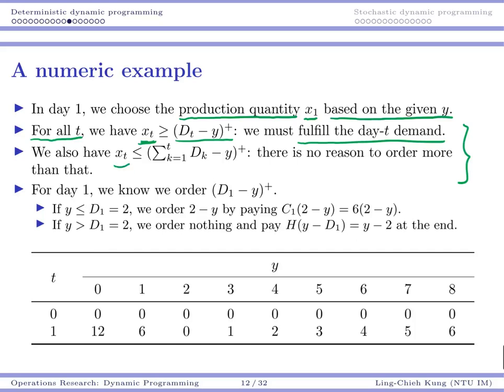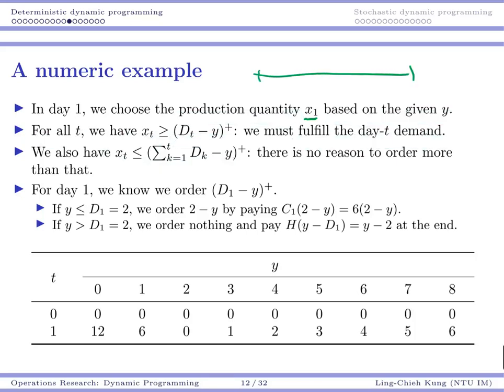And also, I know x_t has an upper bound. That upper bound is the total amount of today and the future demands that I cannot fulfill with my initial inventory. Okay, so for example, we all know that in total we have 4 periods, right? And the demands are 3, 2, 1, 2.